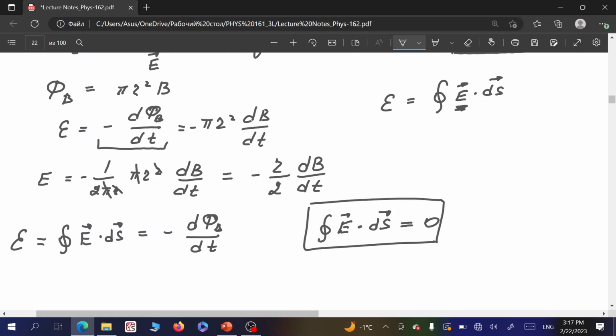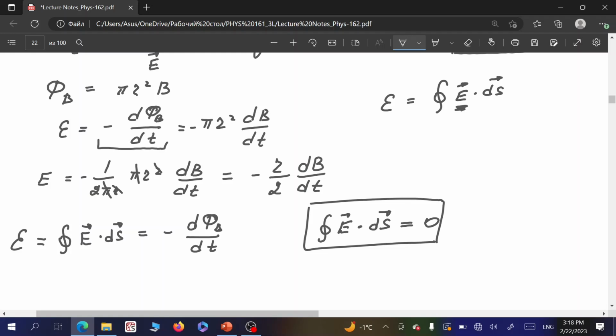When we deal with the induced electric field, this integral is equal to the rate of change of magnetic flux, indicating that induced and electrostatic fields have different physical natures in terms of their origin.